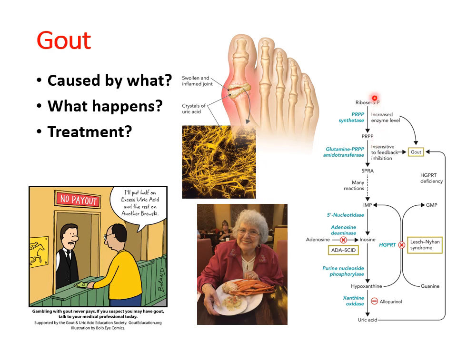Now, in gout, you have a problem with PRPP synthetase, okay? You have a defect where you have too much of this synthetase. And what that means is you are going to go through this pathway overabundantly.